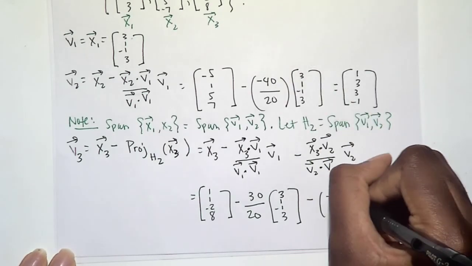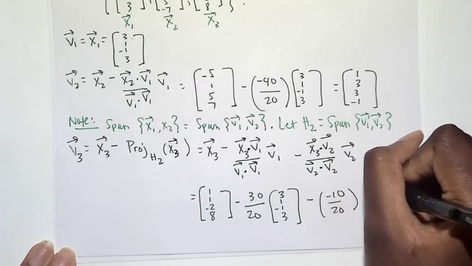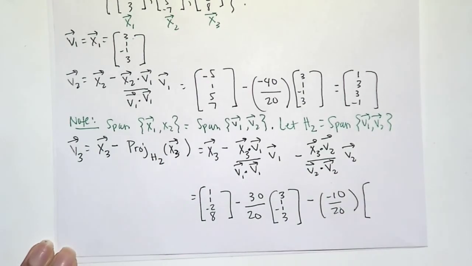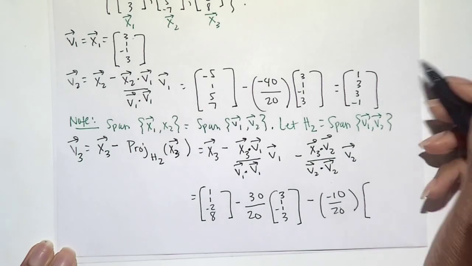That's going to be negative 10 over 20 times v2, which we found.